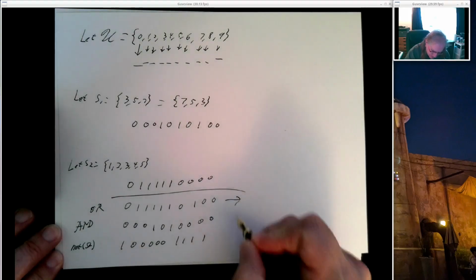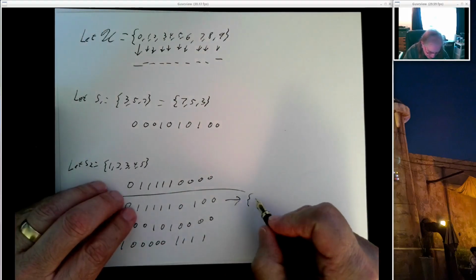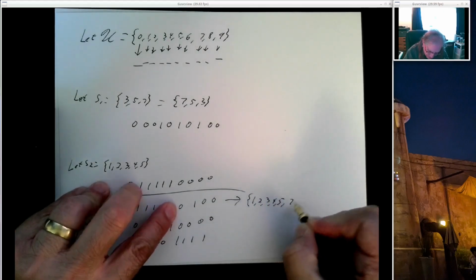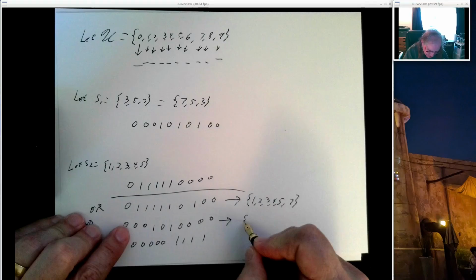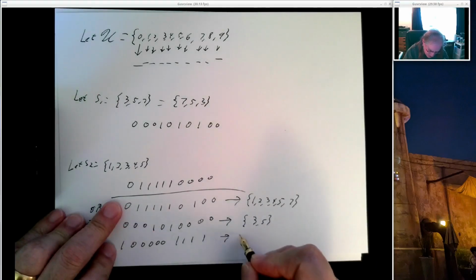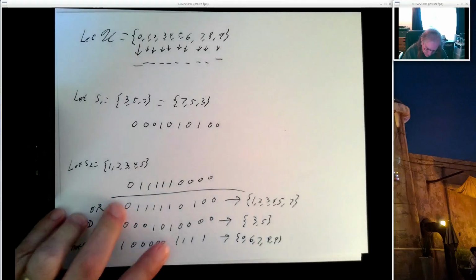If I go back to my computer representation, what does this set represent? It's the set containing 1, 2, 3, 4, 5, and 7. This is the set containing 3 and 5. And this is the set containing 0, 6, 7, 8, 9.